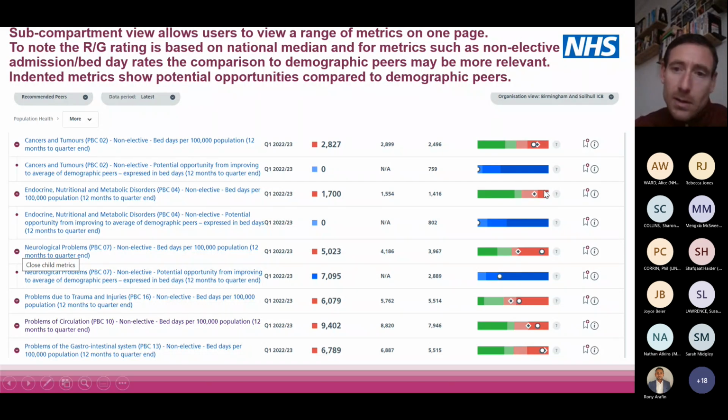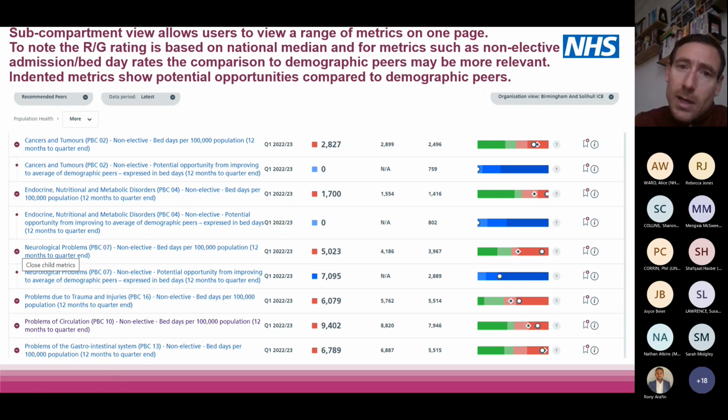And in terms of the populations, at what time point are the populations for the data that you're looking at? So if it's in a quarter, do you use the population at the start of the quarter, end of the quarter, or the middle of the quarter? So I believe that we run that every month and take the average, but I'm not 100% sure on that, so I can check on that.